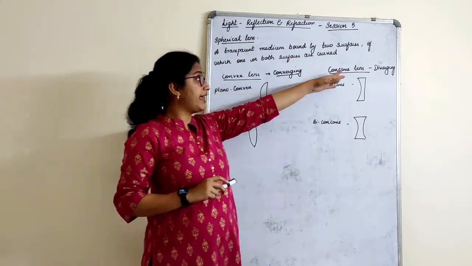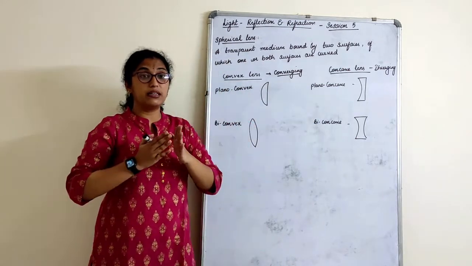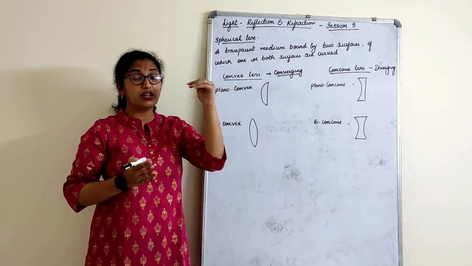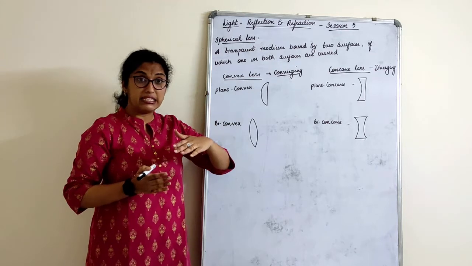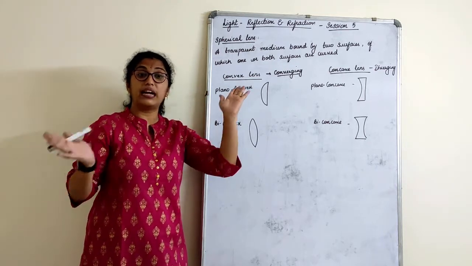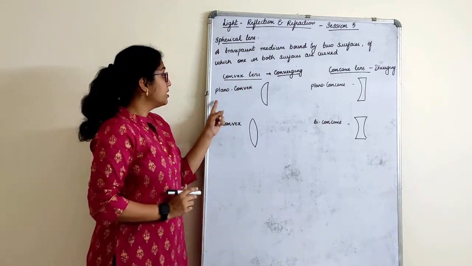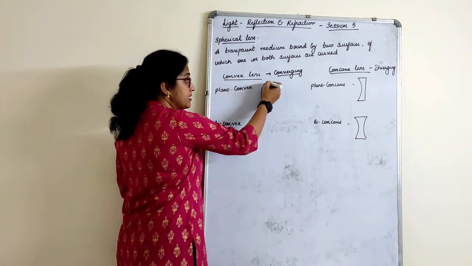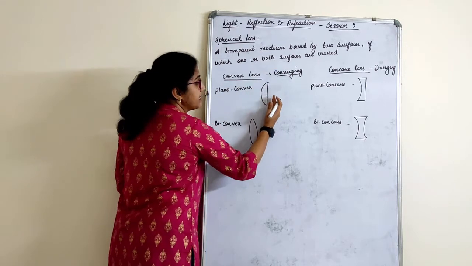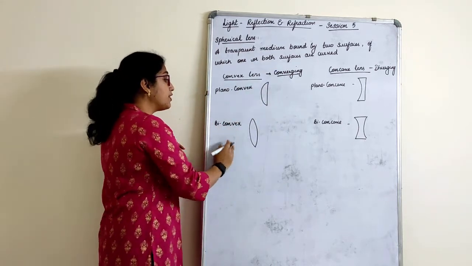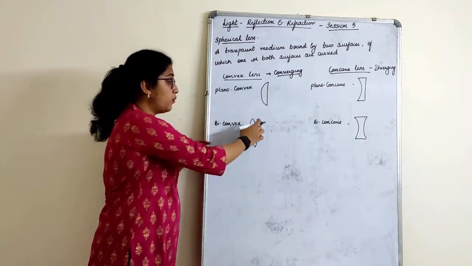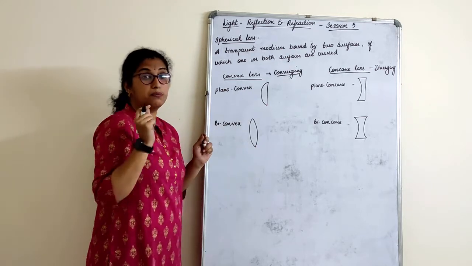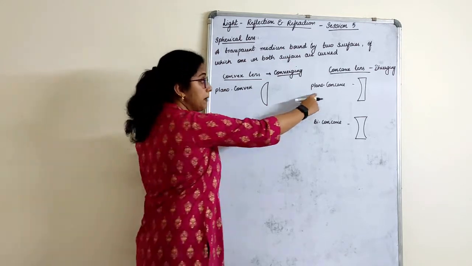A concave lens is called a diverging lens, where the light ray enters and refracts in such a way that the rays diverge. Here we have a plano-convex lens, where it is curved at one surface and flat at the other, and a biconvex lens, where it is curved at both sides.